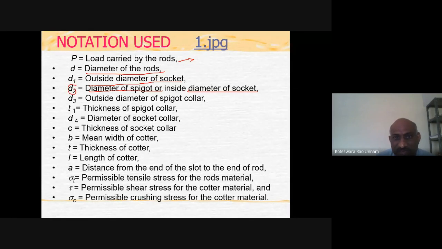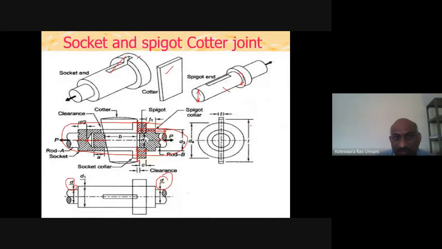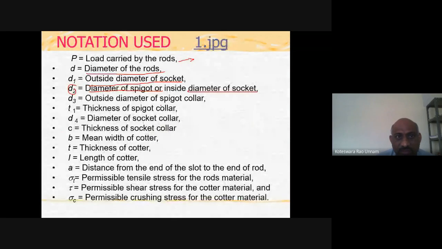For the socket it is the inside diameter, you can see it here in this diagram. So the inside diameter of the socket is going to be D2. Here this is also the same diameter, so we'll call it D2. D1 is the outside diameter of the socket.